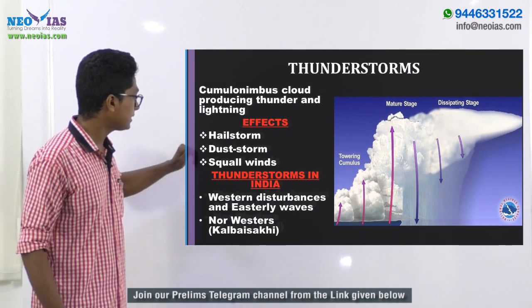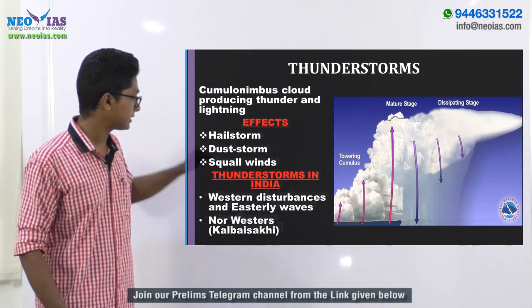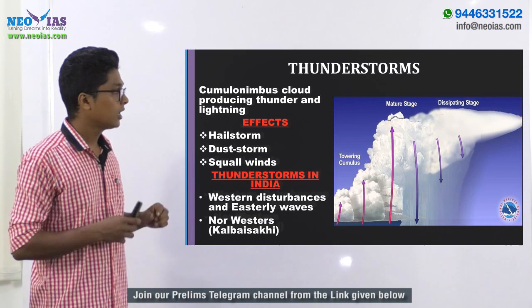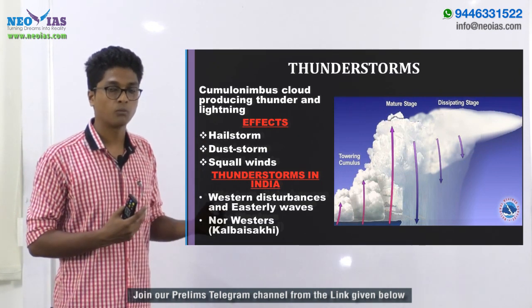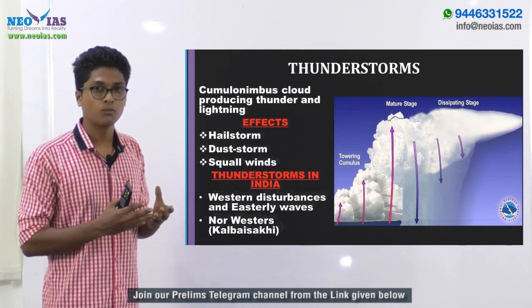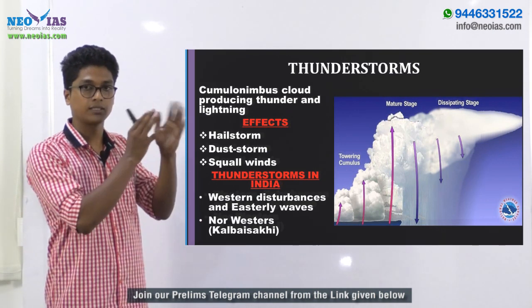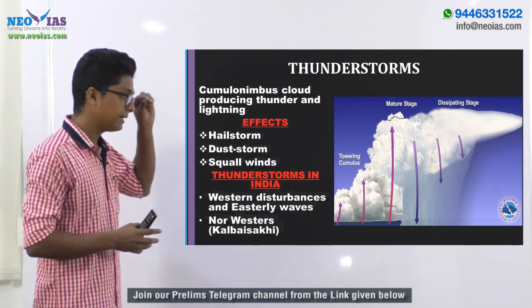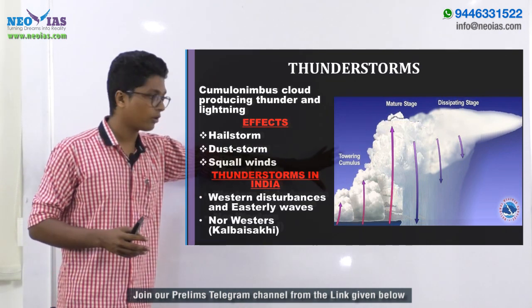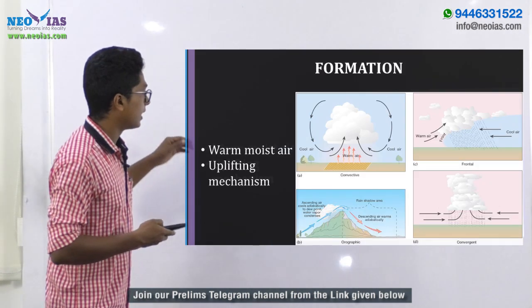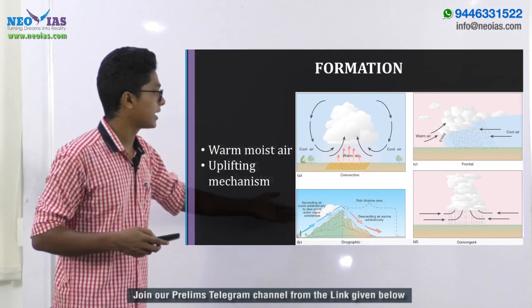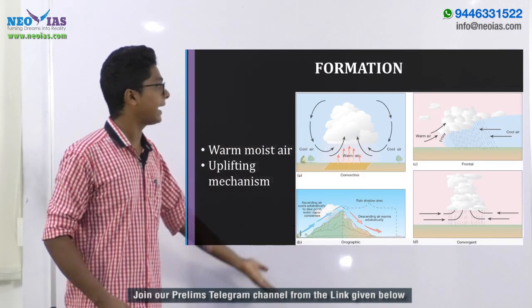Okay, the next one is the dust storms. Now imagine a condition where we are not having warm moist air, or the amount of moisture is not sufficient. Just imagine that particular condition, right? In that scenario, with this wave formation and the uplifting mechanism, if you are having increased temperature, convection will take place and the air will be moving up.